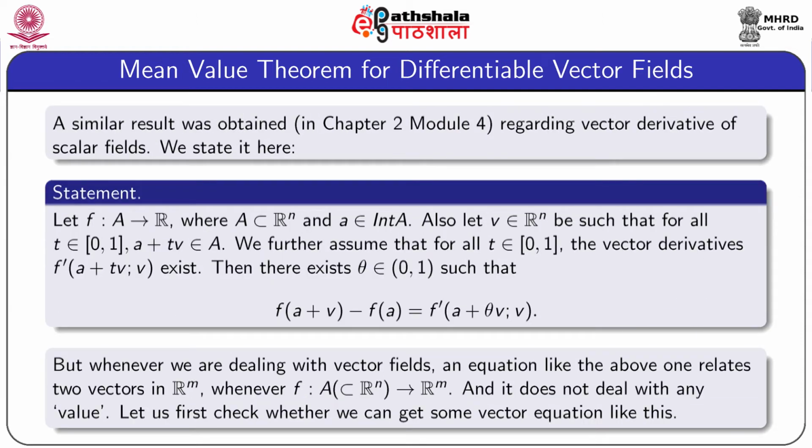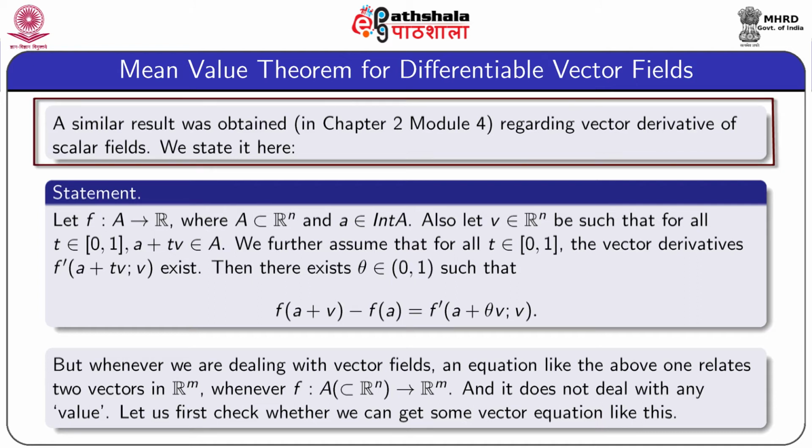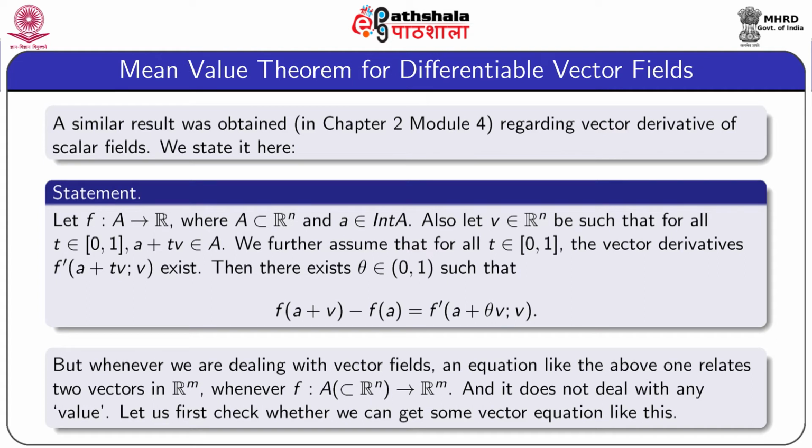In second chapter module 4, we obtained a similar result regarding vector derivative of scalar fields. Let us recall it. Let f be a map from A to R, where A is a subset of R^n and a is an interior point of the set A. Also let v be a vector in R^n such that for all t belonging to the closed interval [0, 1], the vector a plus tv is in A. We further assume that for all t in [0, 1], the vector derivatives f'(a + tv; v) exist.